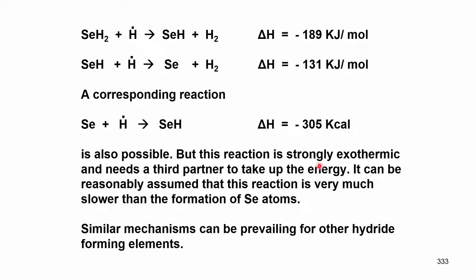Those who study chemical kinetics will know that most chemical reactions are facilitated by a third atom which is not a part of the reactant. So, this is known as a third partner reaction.